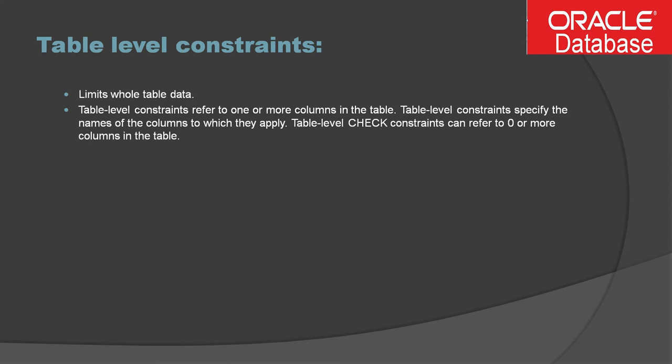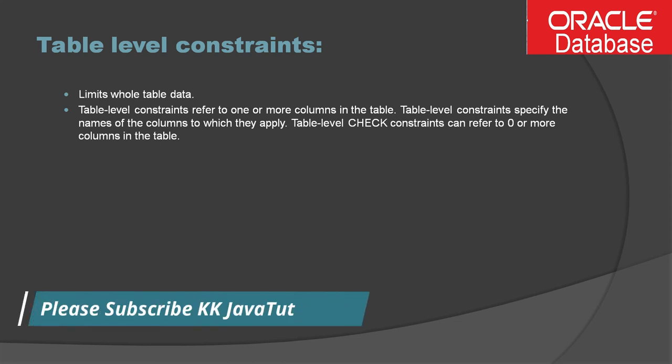Now next we have table level constraints. Table level constraints apply limits on the whole table data, or in other words, table level constraints refer to one or more columns in a table. Table level constraints specify the names of the columns to which they apply. Table level check constraints can refer to 0 or more columns in the table.